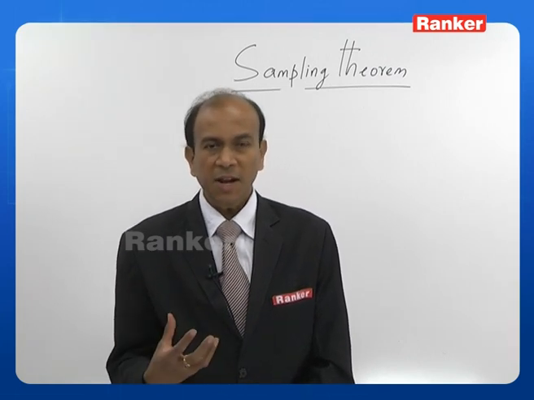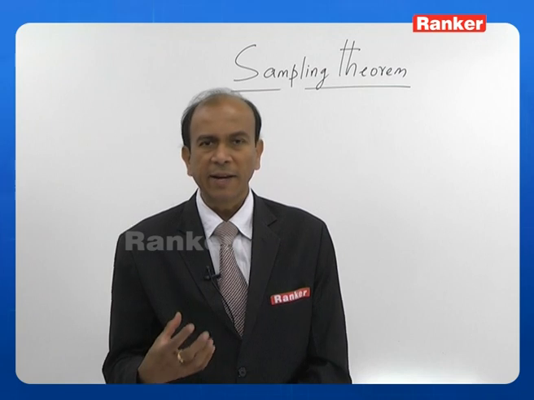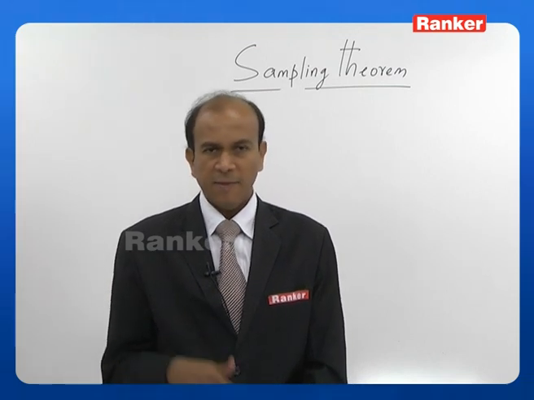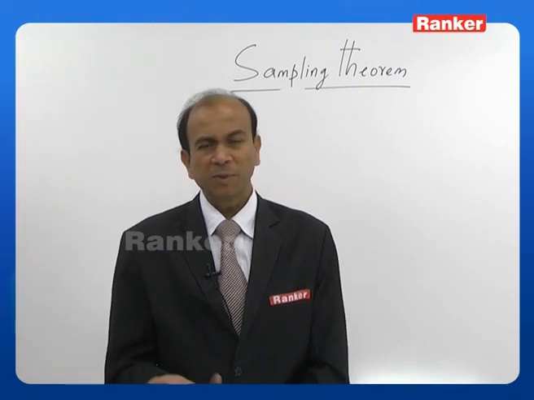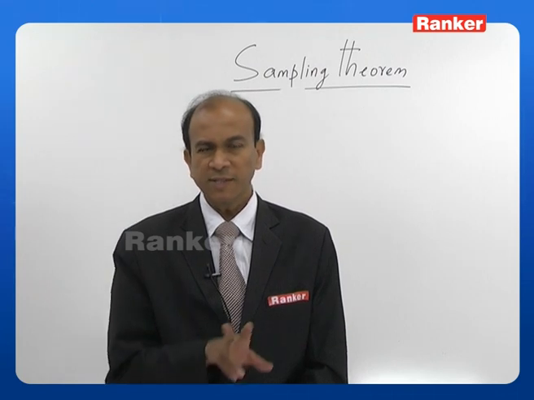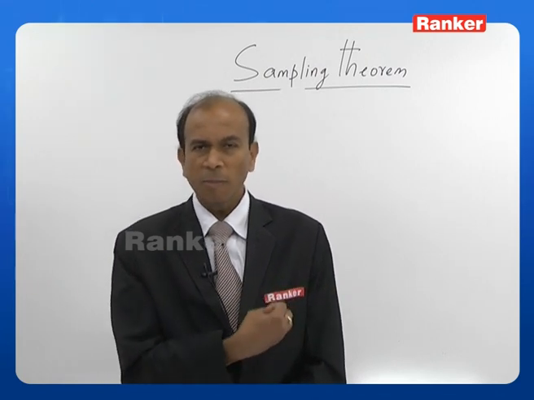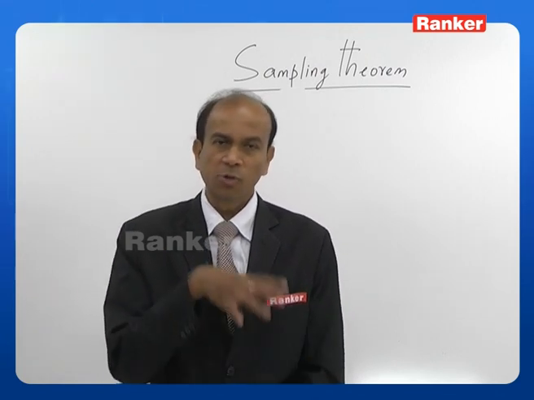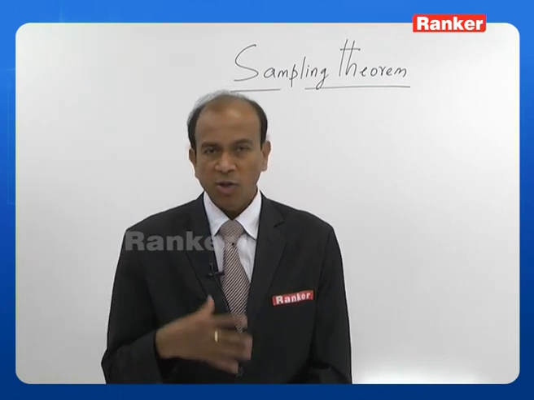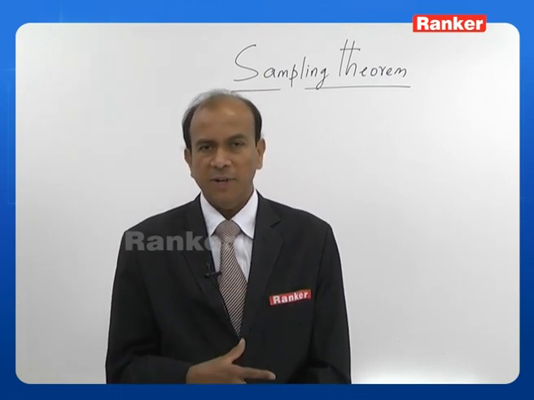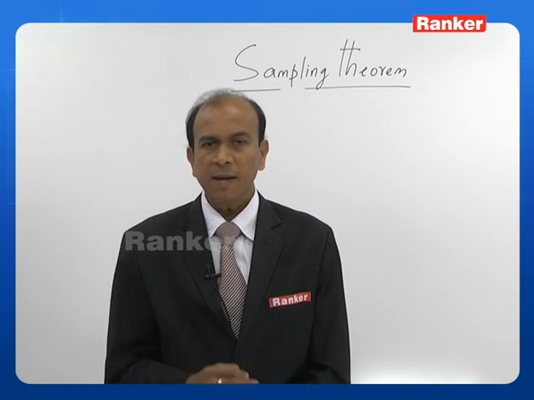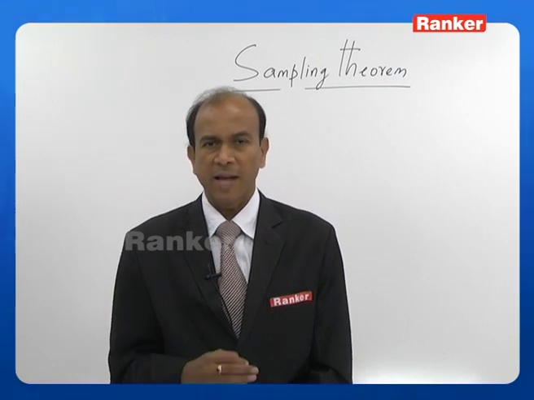This itself prevents aliasing. This is one condition. The other condition, as you are aware, is that fs must be greater than or equal to 2 fm. So this low pass filter is also called an anti-aliasing filter, and its primary duty is to prevent aliasing.